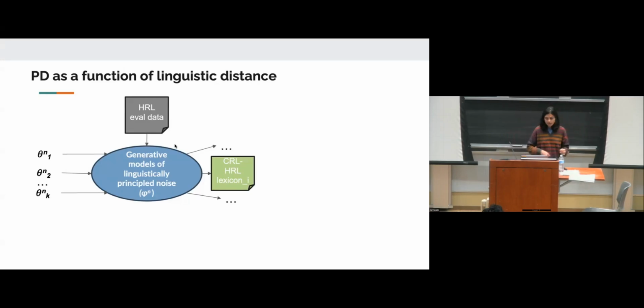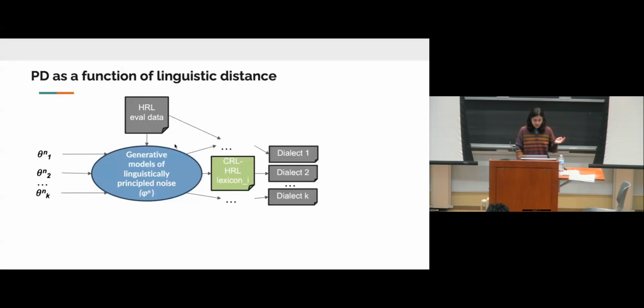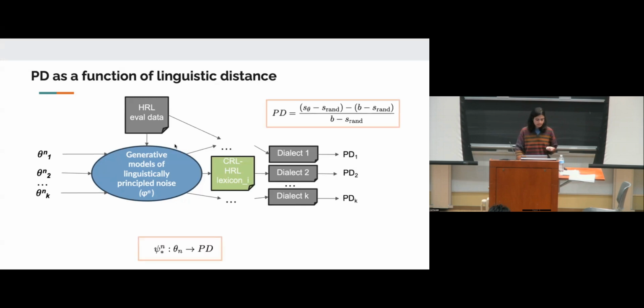So you can dial them up and down and get dialects that are more or less distant from the source. We can do this for each dimension of linguistic noise that we talked about. This lets us, quote unquote, translate HRL validation data into artificial dialects at varying distances from the HRL, and then we can find the function that takes us from linguistic distance, or theta, to performance degradation.